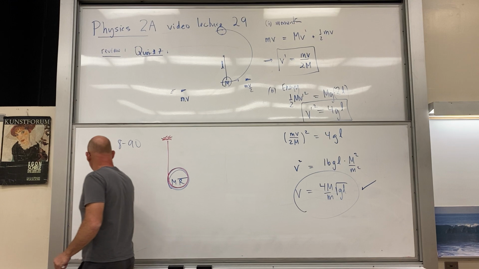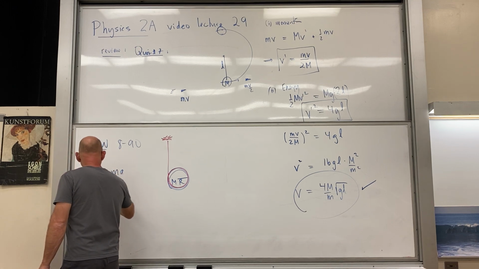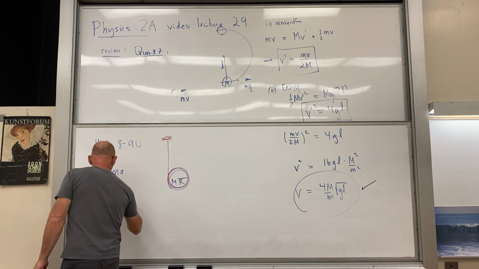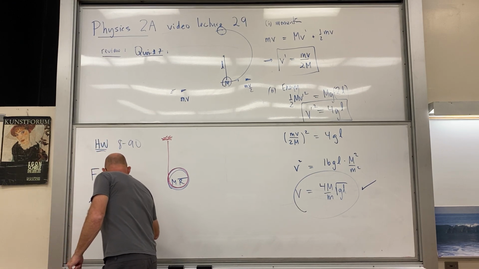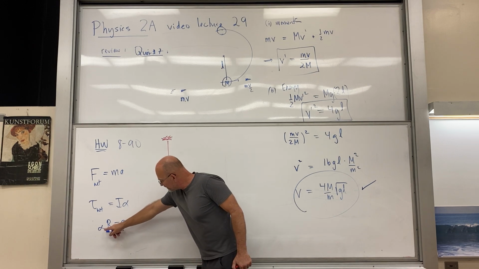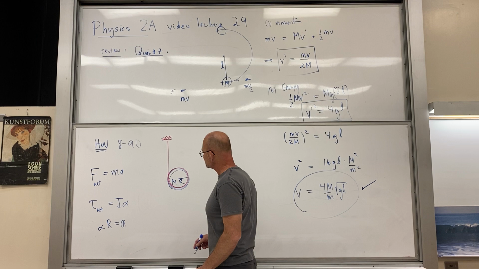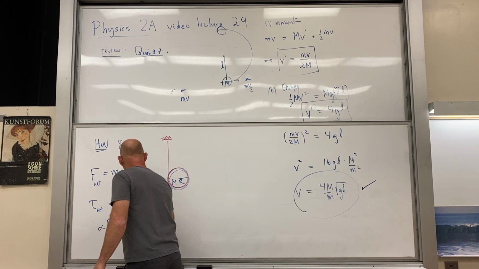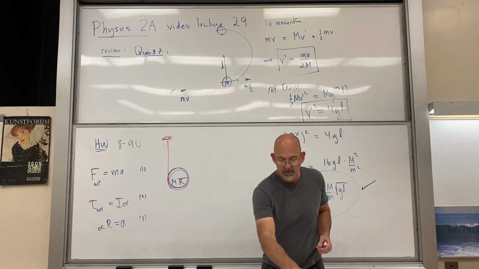I'll go ahead and write that here. We have F equals MA for the net force, and the net torque equals I alpha, and we have alpha R is equal to A, relating the angular acceleration and linear acceleration. Let's go ahead and number these. Now, what about the net force?